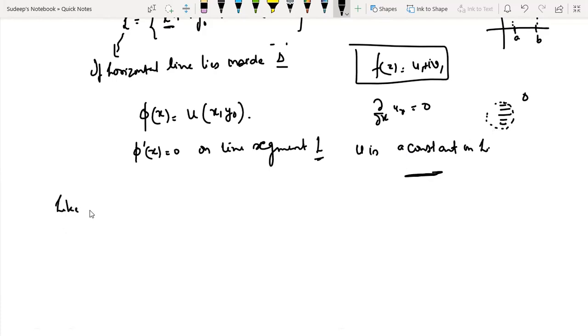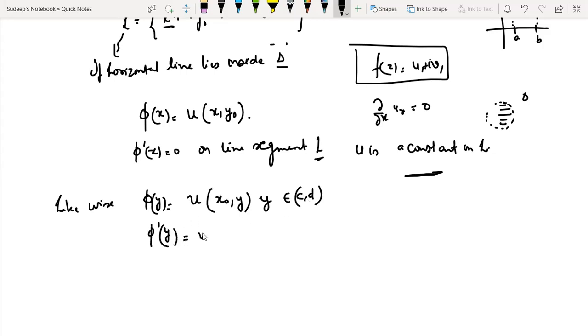Likewise, what I can do, I can simply write my phi y is equal to u of x naught comma y, and y belongs to c comma d. And again, if I differentiate both sides with respect to y, what will I get? I'll simply get uy at x naught comma y, and I know that this is 0.